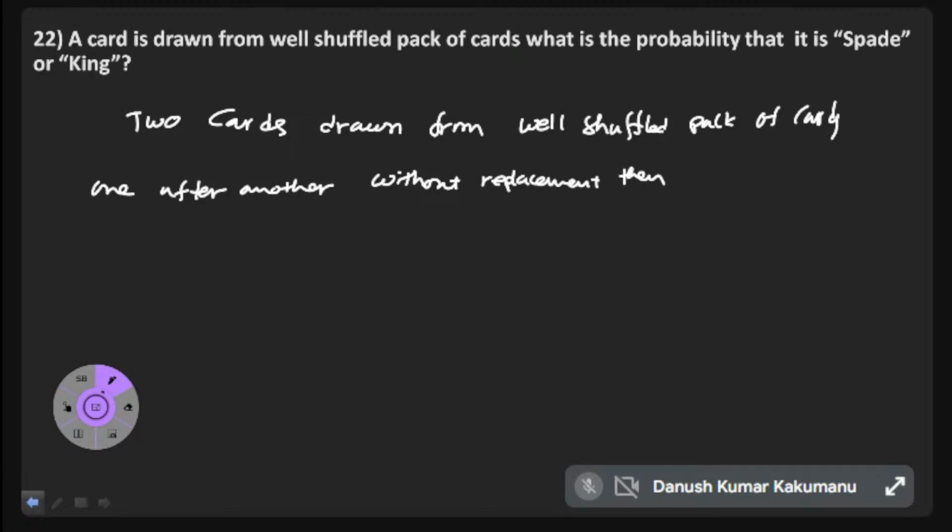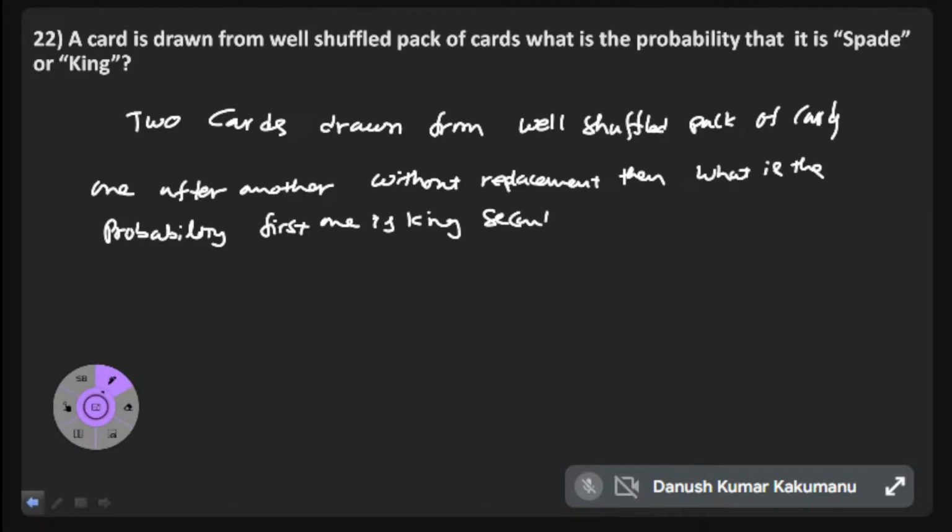Then what is the probability that the first one is king and the second is queen? What is your answer? First is king, second is queen. Think about this answer. What is the probability of first is king, second is queen?